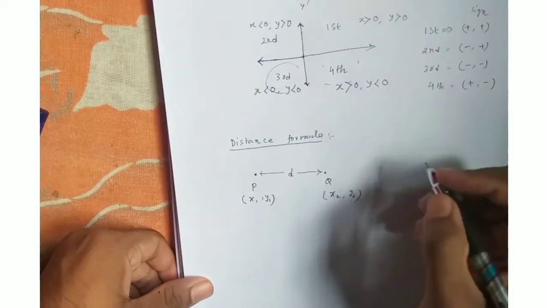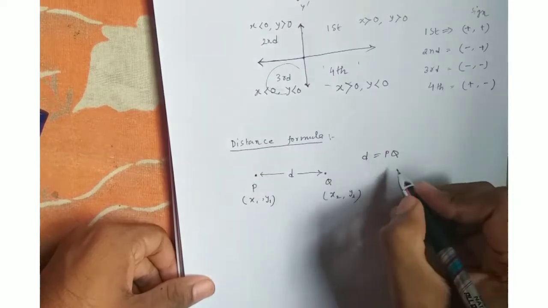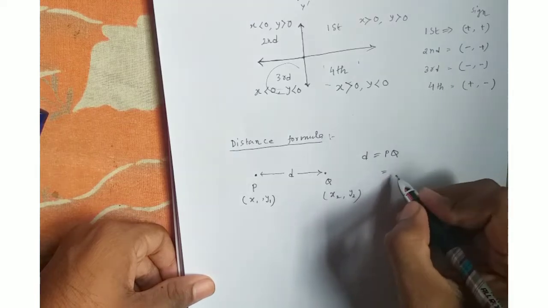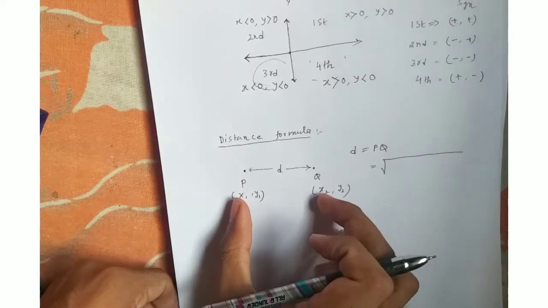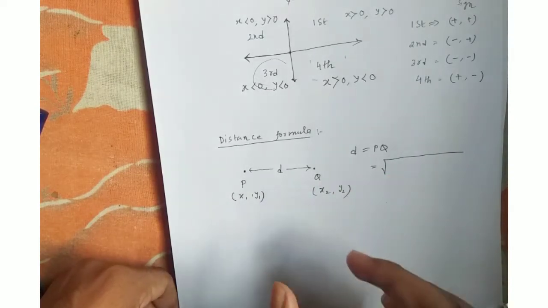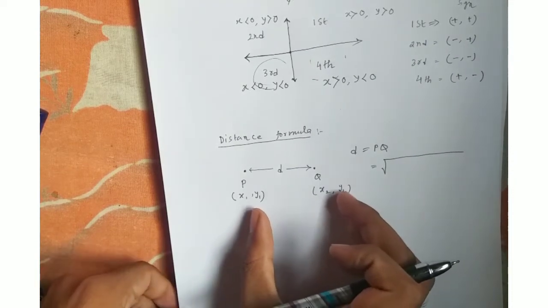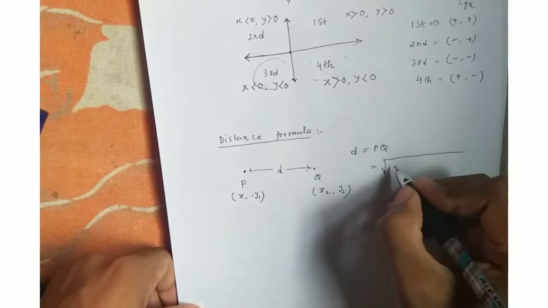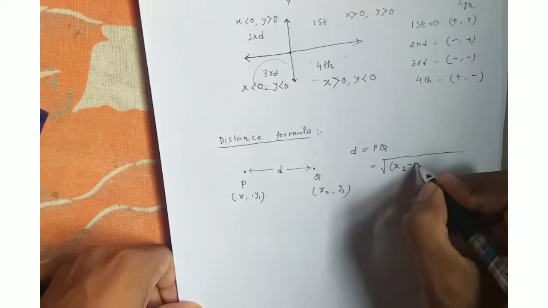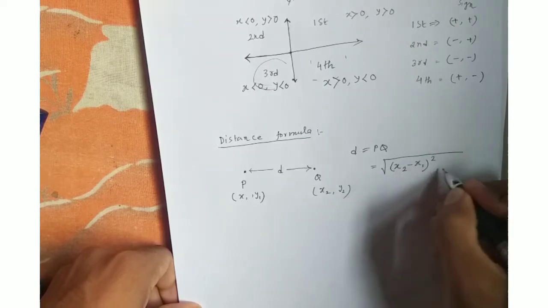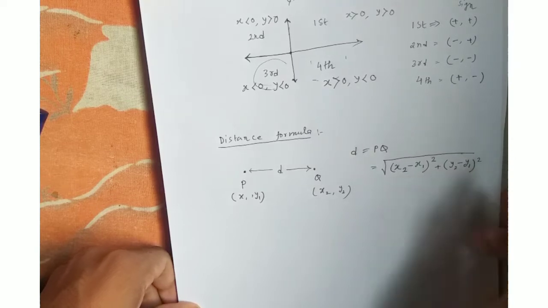So what is the formula? d equals PQ, the distance between 2 points, is equal to the root of: first subtract the abscissas and square it, plus the subtraction of the ordinates and its square. That is, (x2 minus x1) whole square plus (y2 minus y1) whole square.